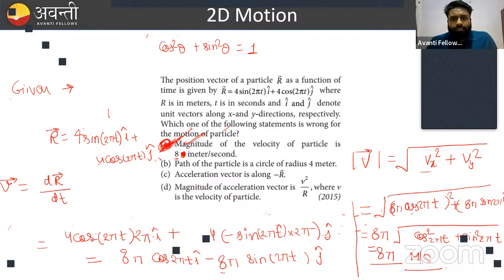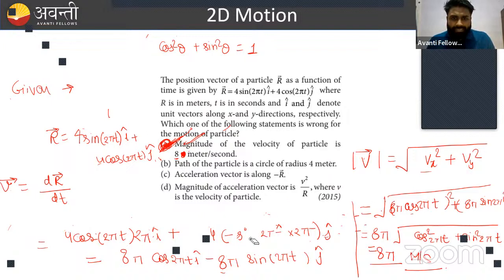Okay. One more thing: we could consider the further options, that the path of the particle is a circle of radius 4 meter. We can discuss it. Acceleration vector is along minus r vector. Magnitude of the acceleration vector is v square by r. Okay.